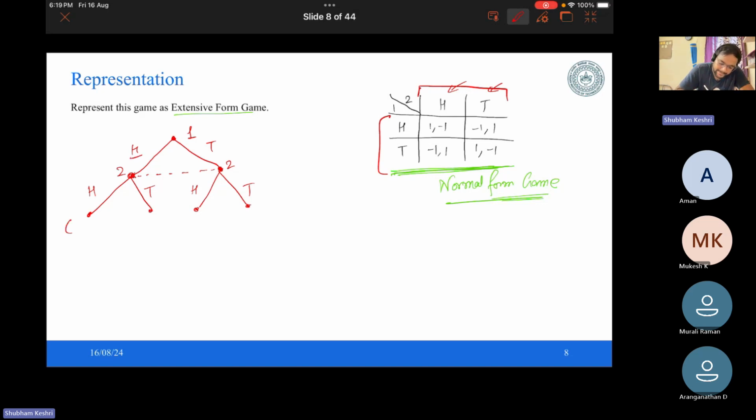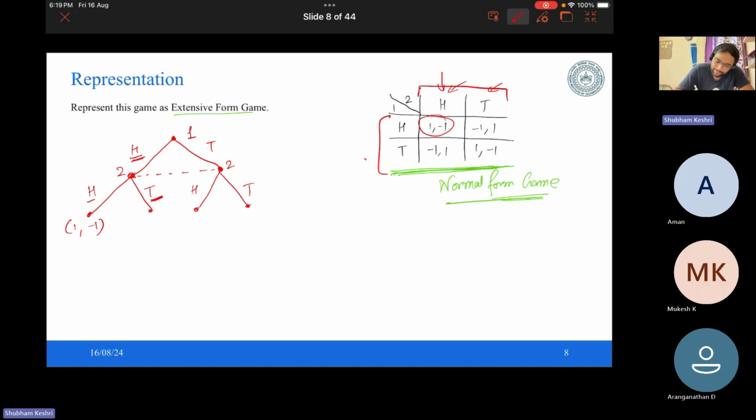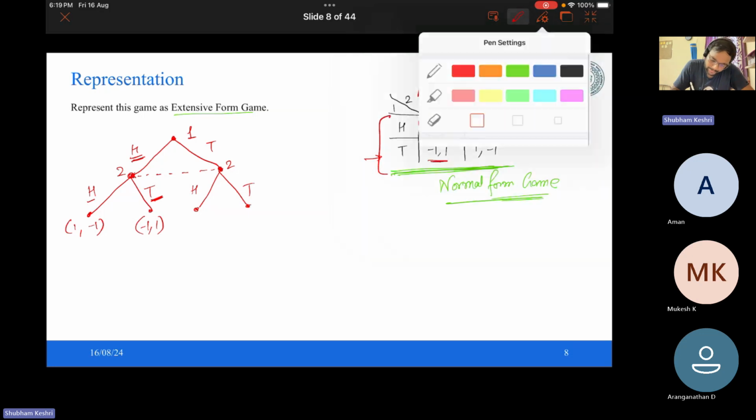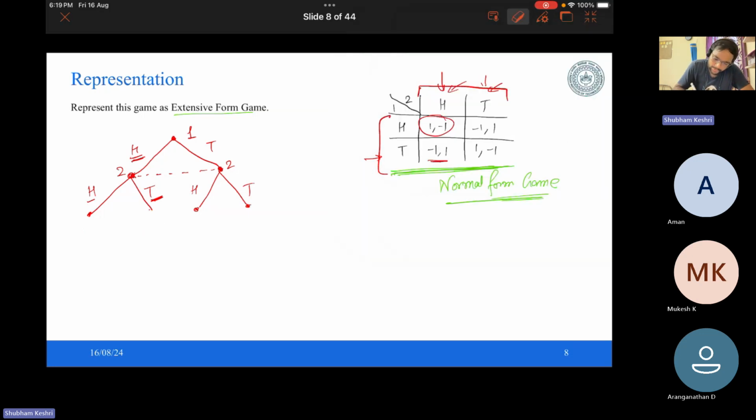When player 1 plays H and player 2 plays H, 1 comma minus 1 is the payoff. When player 1 plays H and player 2 plays T, the payoffs are minus 1 comma 1. Okay, I'm writing it in the opposite direction, so this is not correct.